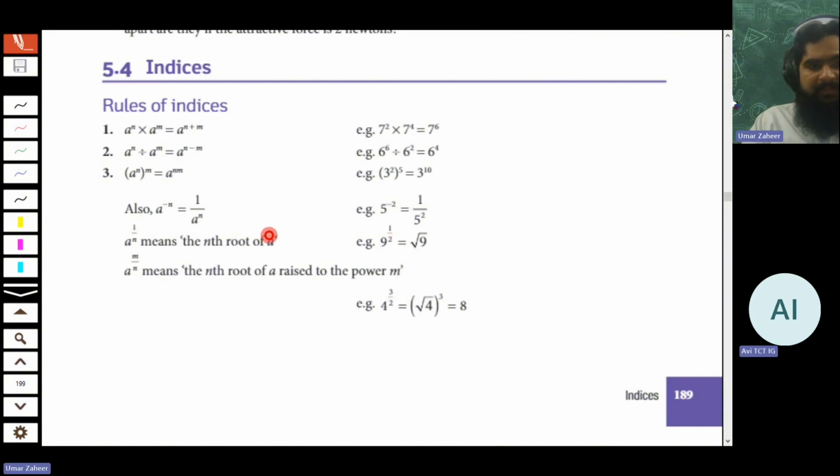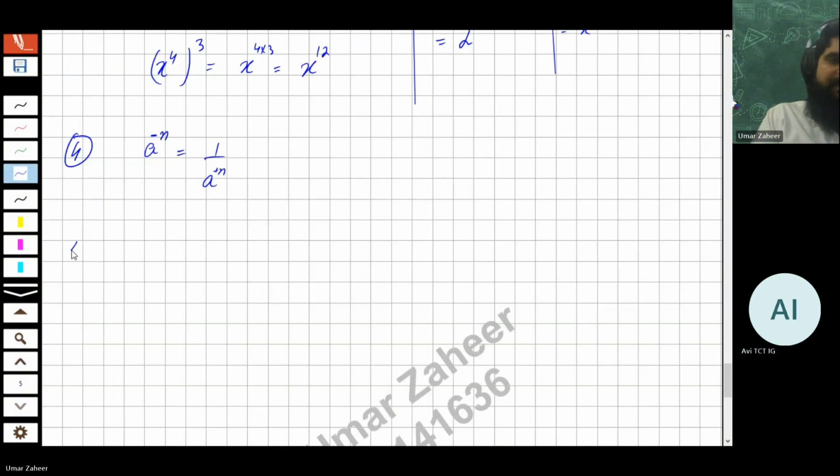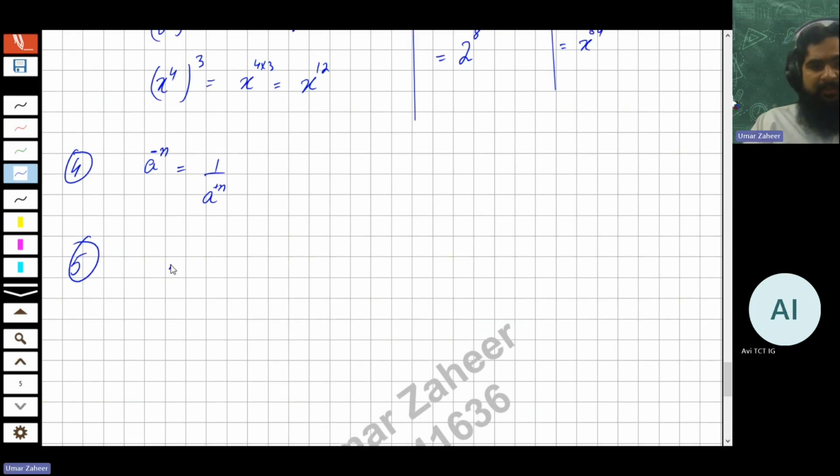All right. The next is the root. For example, the square root of a means you have the power a raised to power 1 by 2. This root sign is basically equal to anything raised to power 1 by 2.